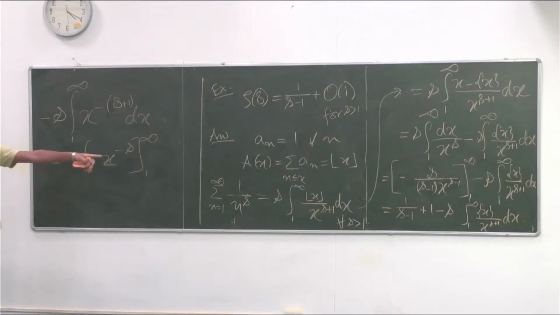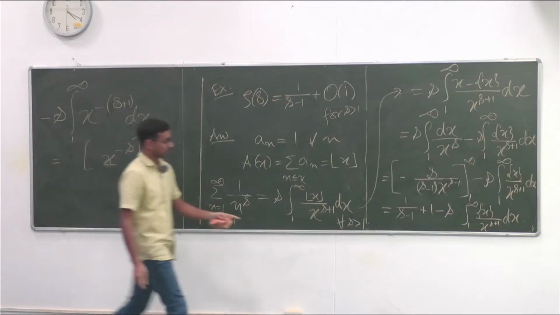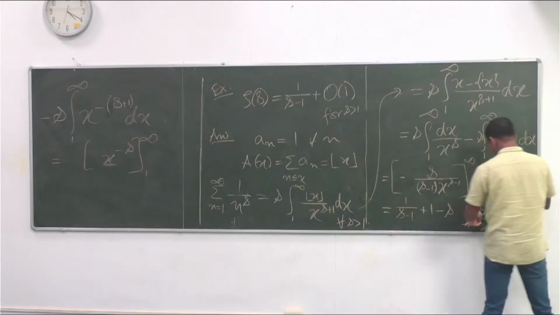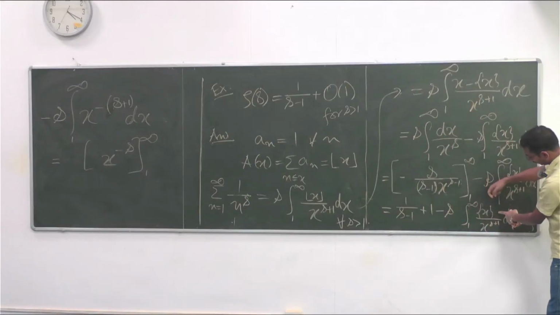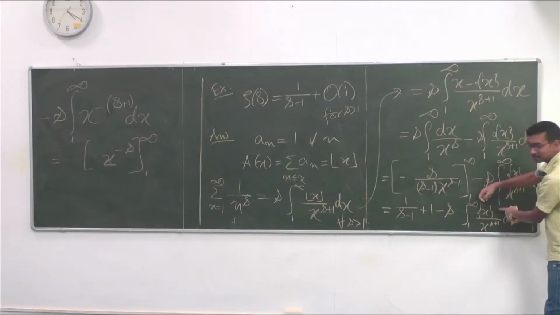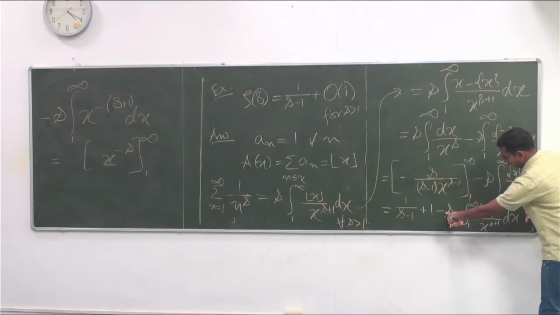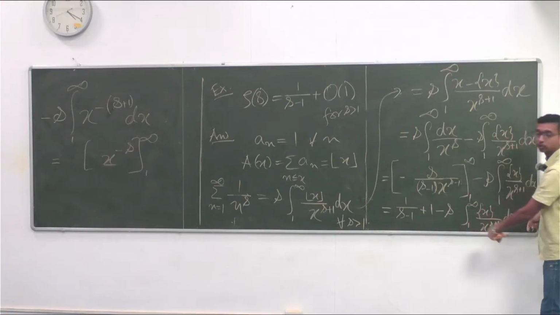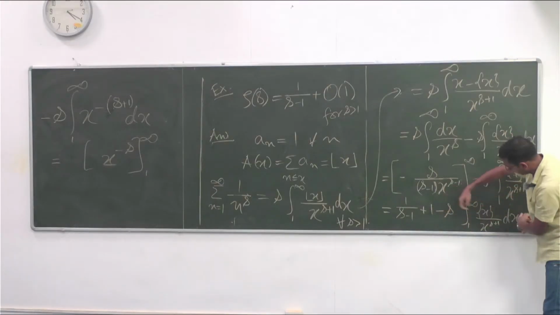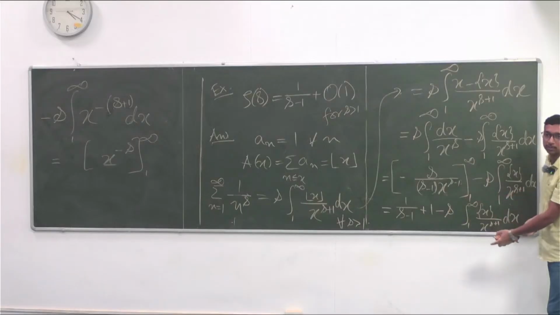But that's an upper bound, because this is less than or equal to 1, right? So the entire thing can have value at most 1. Okay, so 1 minus this is some positive thing.